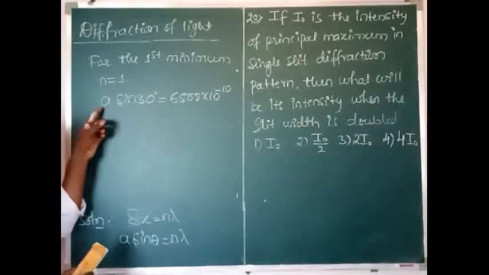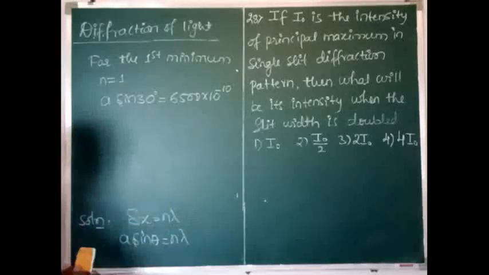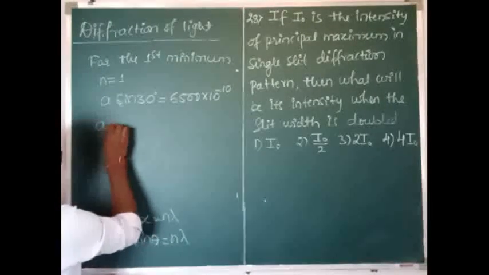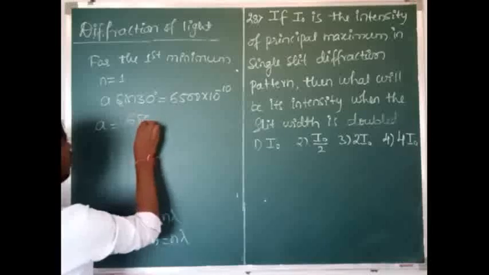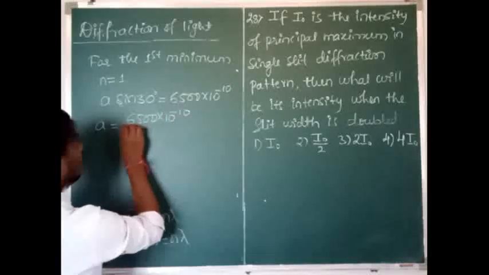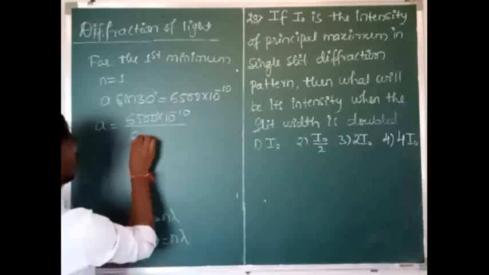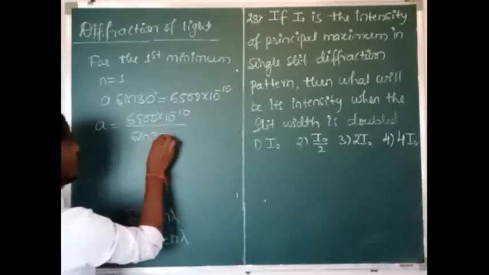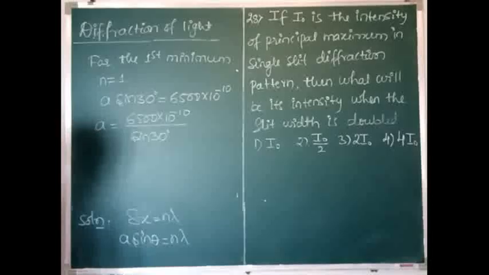Then what is our aim? Our aim is to find A, the slit width. Then A is equal to 6500 into 10 to the power of minus 10 divided by sin 30. What is the value of sin 30? That is 1 by 2.